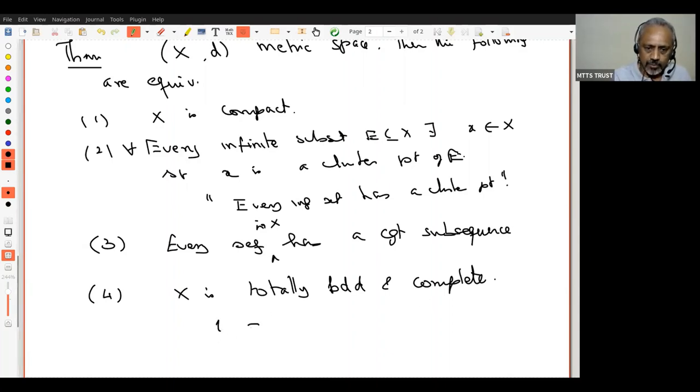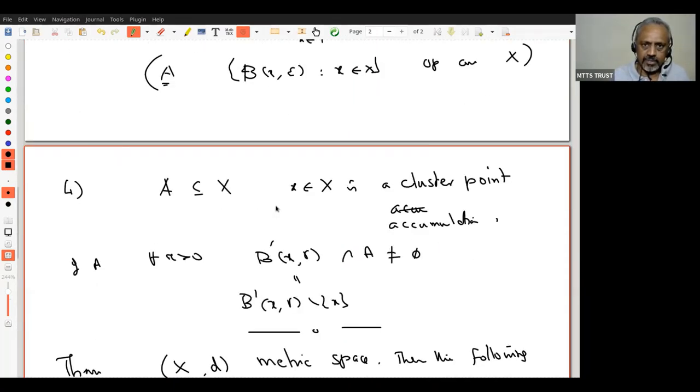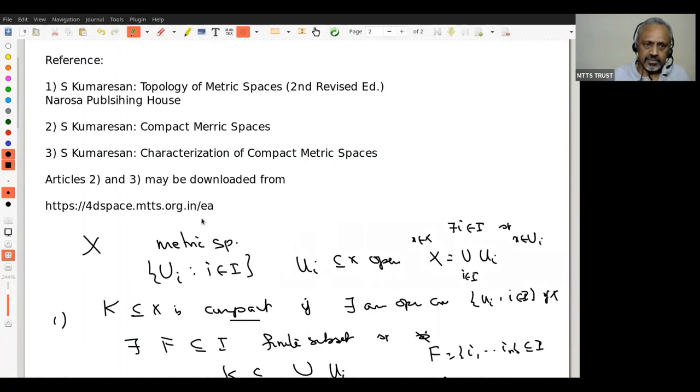So the way we want to prove is cyclically. 1 implies 2, 2 implies 3, 3 implies 4, and 4 implies 1. So that they are equivalent. Okay, let's go back to the first page. See here I had given three references. The proofs in each of these three are different from each other.